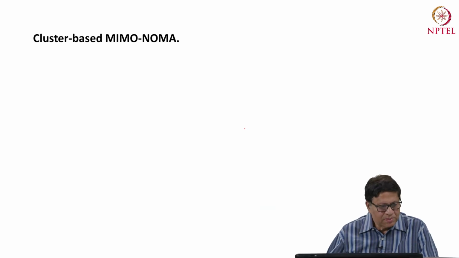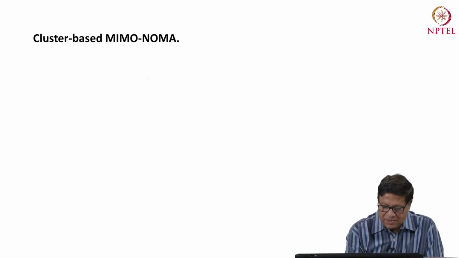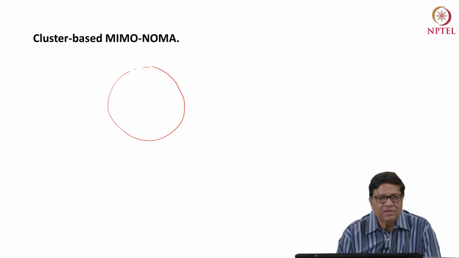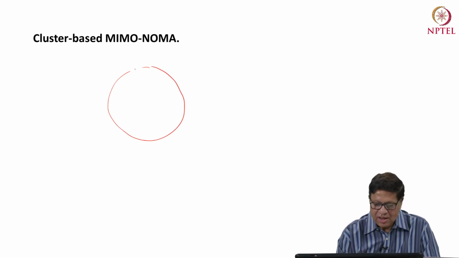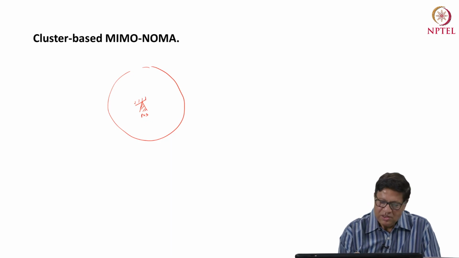Now there is also a possibility of cluster-based MIMO NOMA. So in this case, what happens? Suppose the users are spread over in this area, and this is, for example, the base station here. This is the antenna. So these users which are in this area, they are actually grouped. So for example, this could be from U1 to UL1.